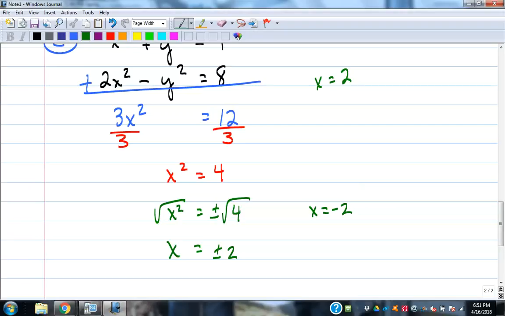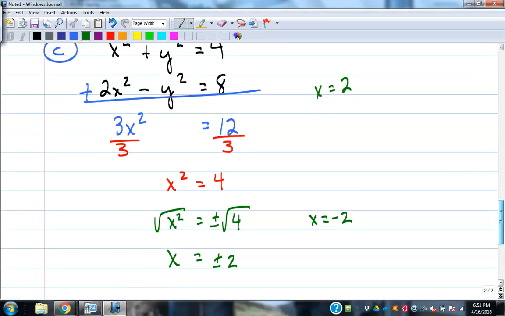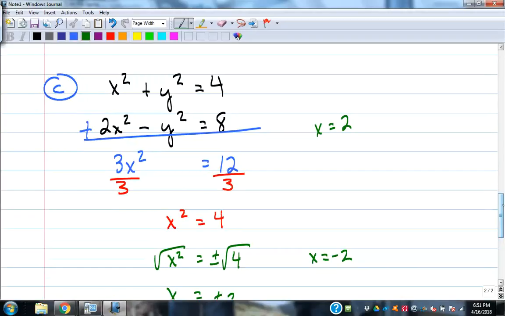So pick one of the equations to plug those back into. I'm gonna pick the first one because it doesn't have the negative sign in front of the y squared and all that stuff, so it just looks easier. Not that it really is, it just looks that way. So if I plug that into x squared plus y squared is equal to 4, that's going to give me 2 squared plus y squared is equal to 4.